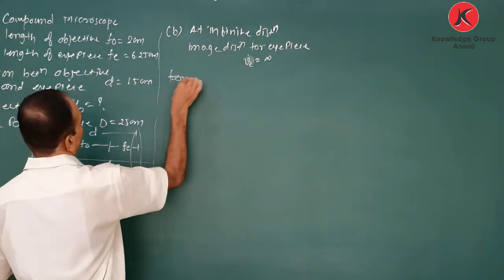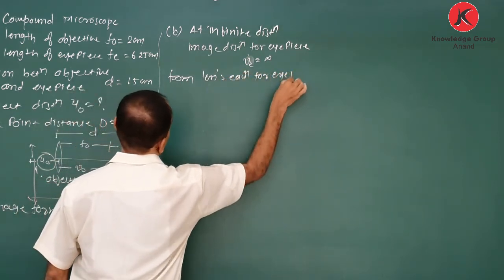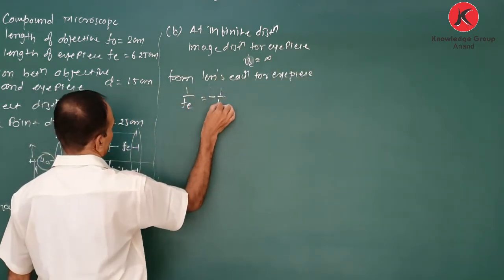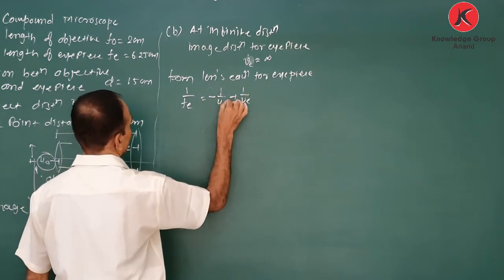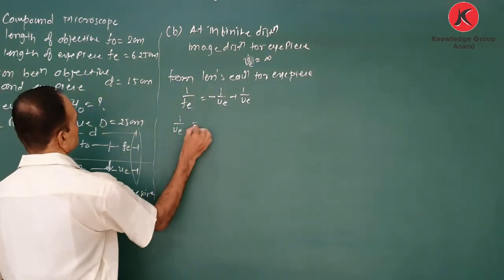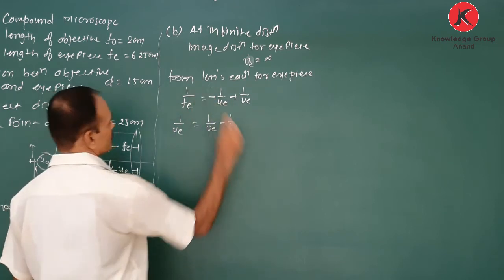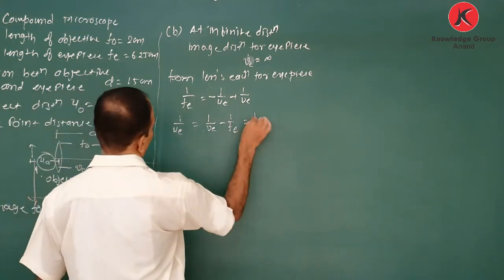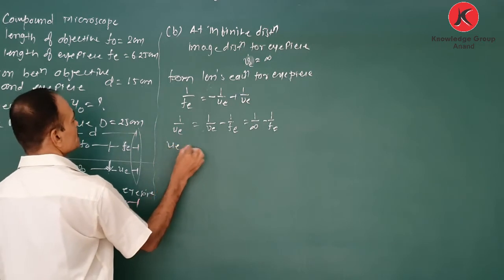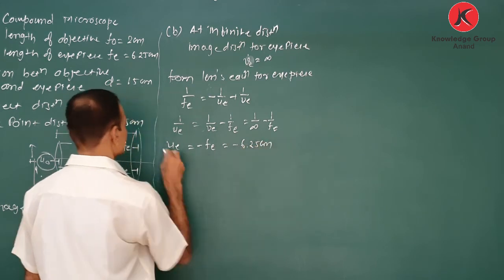Now from the lens equation for the eyepiece, 1 upon FE is equal to minus 1 upon UE plus 1 upon V. We require the UE. Therefore 1 upon UE is equal to 1 upon V minus 1 upon FE. V is infinite, 1 upon infinite minus 1 upon FE. Therefore, UE is equal to minus FE is equal to minus 6.25 centimeter.